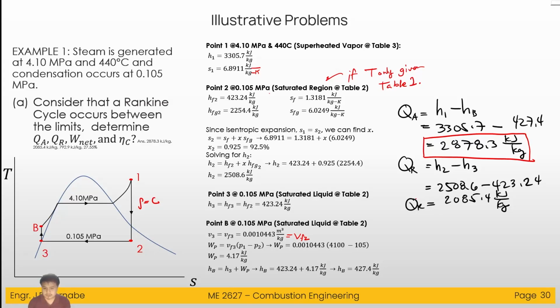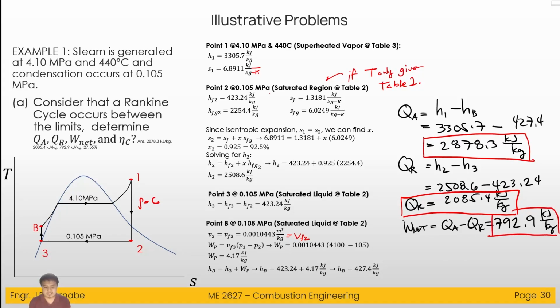Then the next one is the network. So there are different ways to find the network now. But since we have QA and QR given, you can say that W net is equal to QA minus QR. So just subtract these two, you can have 792.9 kilojoule per kilogram. Okay. And then lastly, for cycle efficiency, this is just the network over QA.